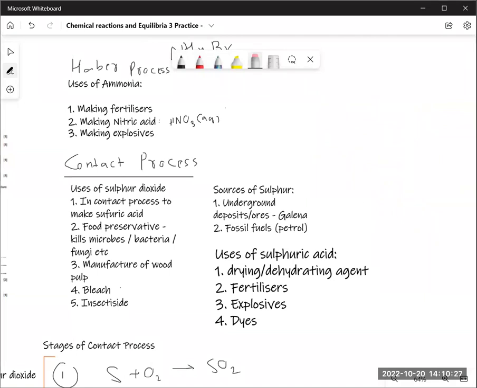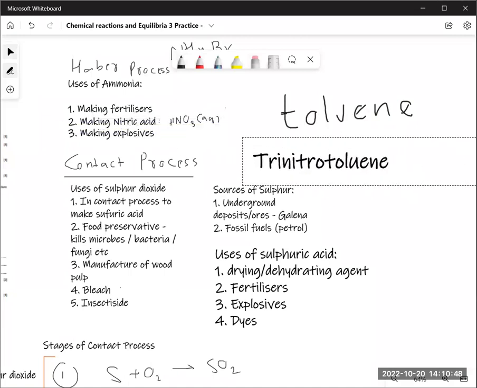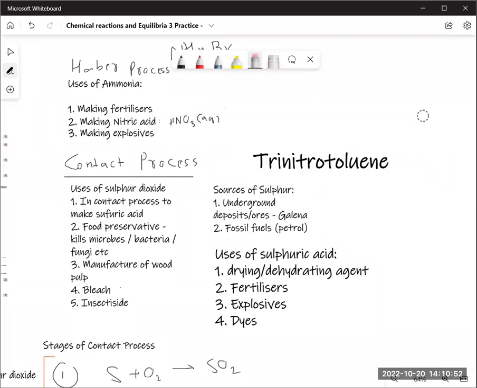The T is tri, and the other T is toluene. Now, you don't know what this is. It's an organic compound. Okay, fine. So trinitrotoluene, TNT.